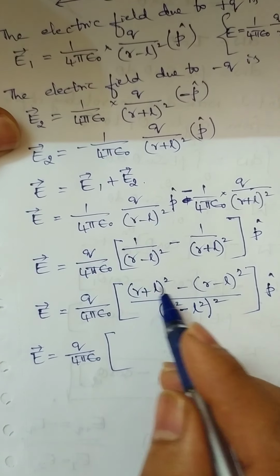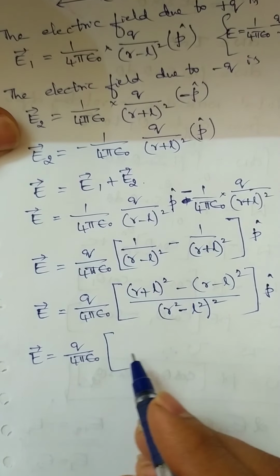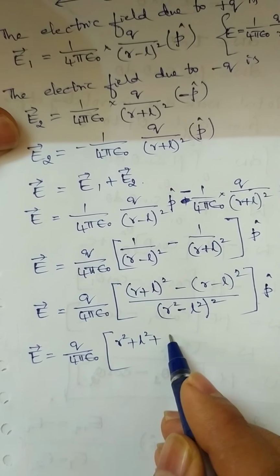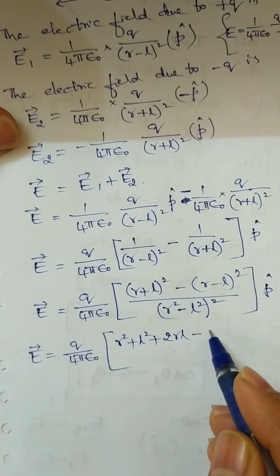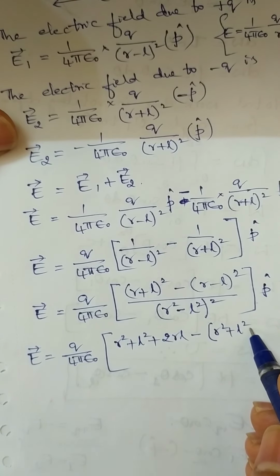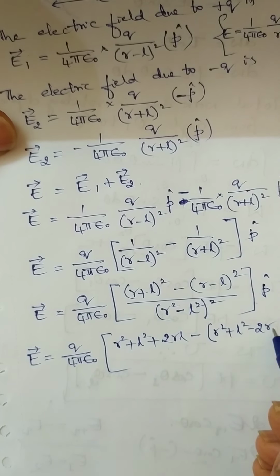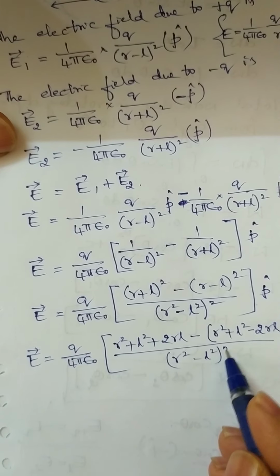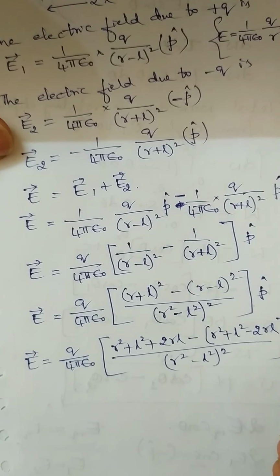So this is in the form of (a plus b) whole square and this is in the form of (a minus b) whole square. So expand it, so this becomes r square plus l square plus 2rl minus of (r square plus l square minus 2rl), divided by the same thing, (r square minus l square) whole square, into p cap.